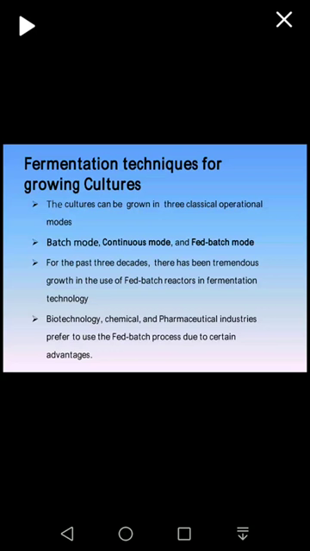Now, the biotechnology, chemical, and pharmaceutical industries prefer to use the fed batch process due to certain advantages. There are certain plus points for using this technique, and as a result you get high yield, pure product, and certain other advantages which we will discuss in the coming slides.